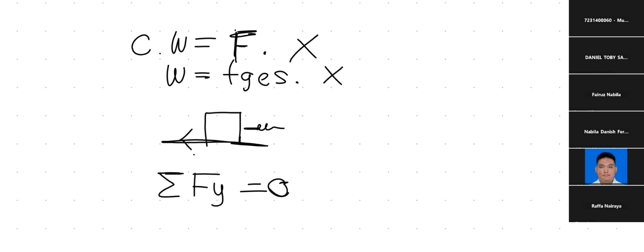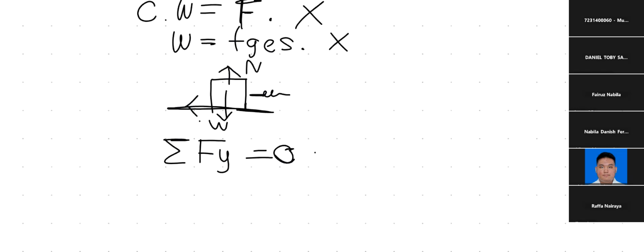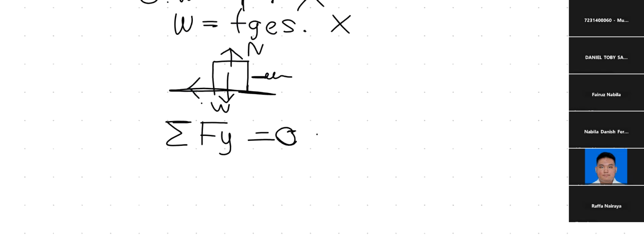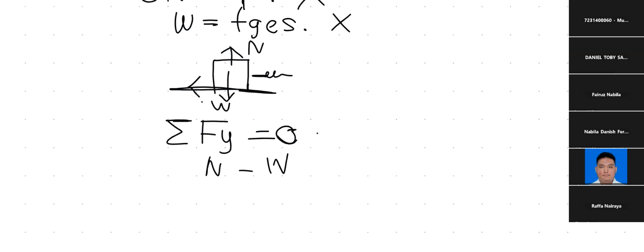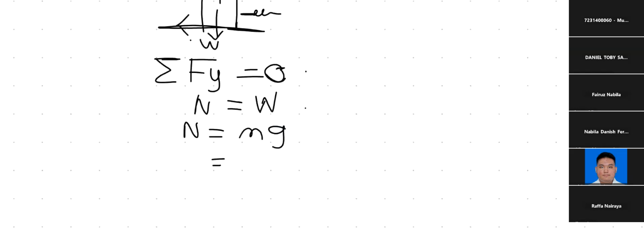We have the normal force here. So this is going to be equal to this. The mass times gravity. The mass is 5 times 10. It's equal to 50 newtons.